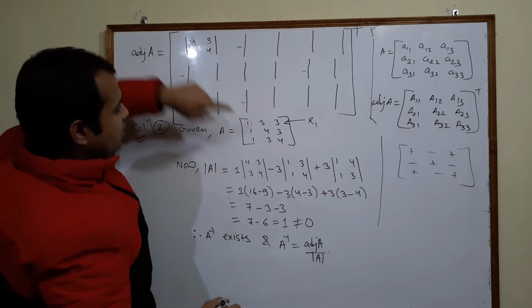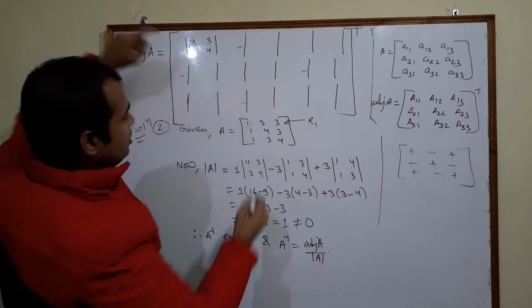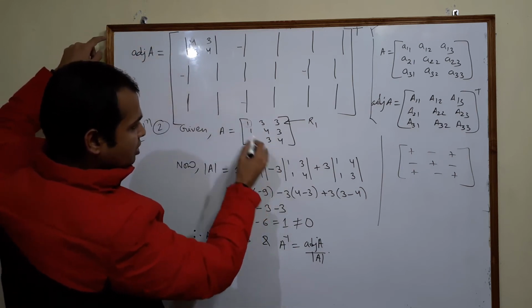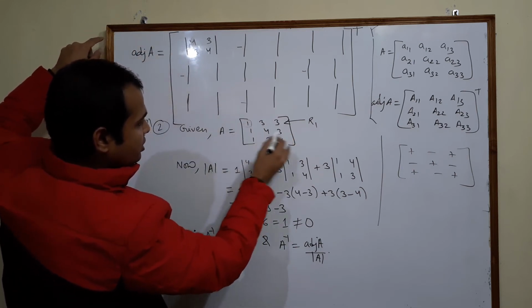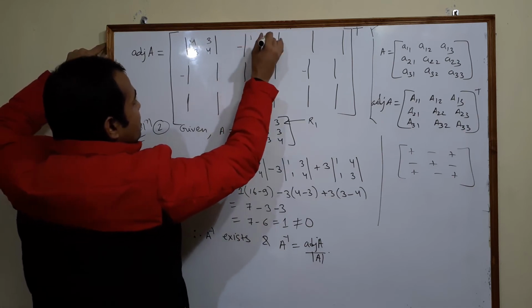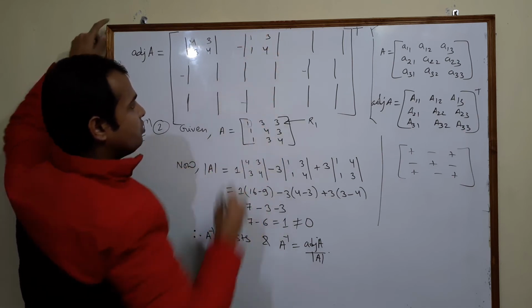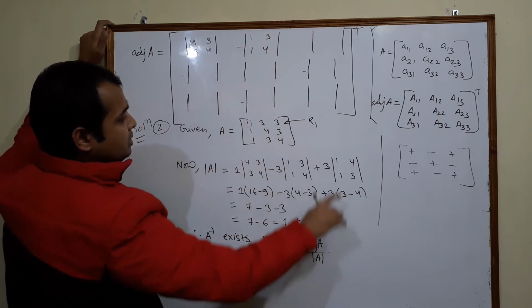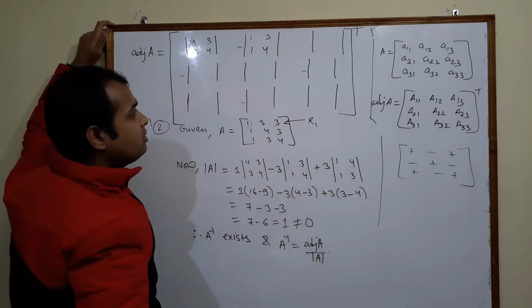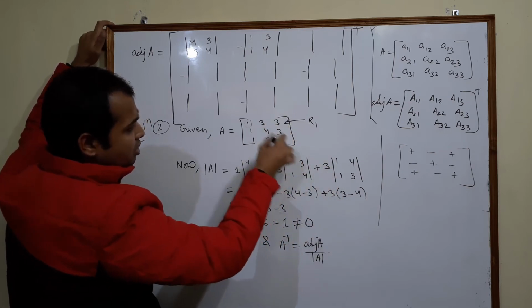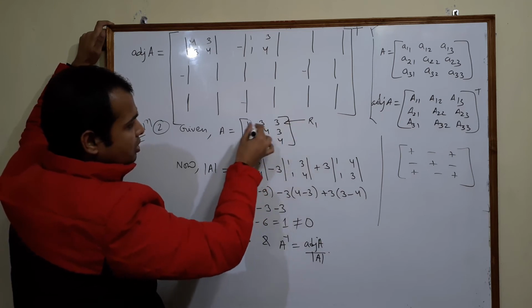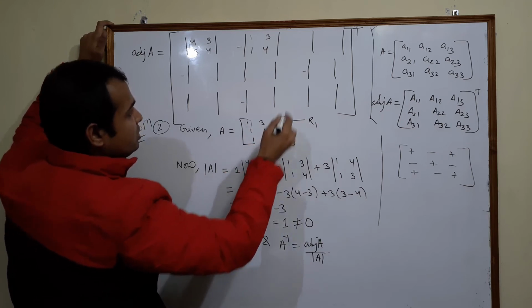Now come to the next one. Cover the second column and the first row. You are left with 1 3 1 4. Then come to the third element: cover this column, cover this row. You are left with 1 4 1 3.